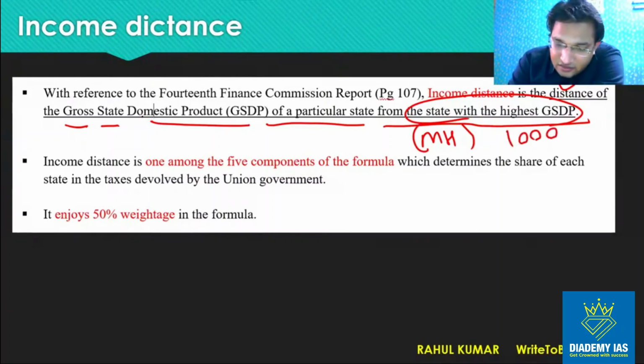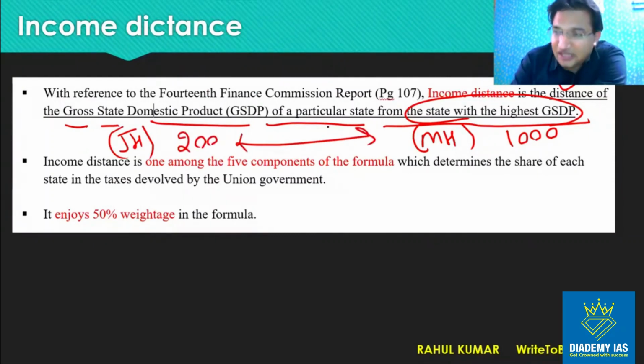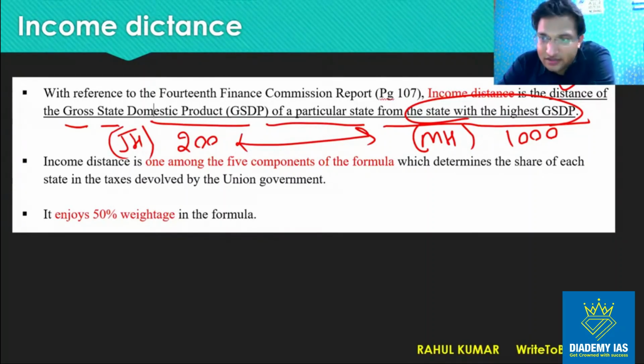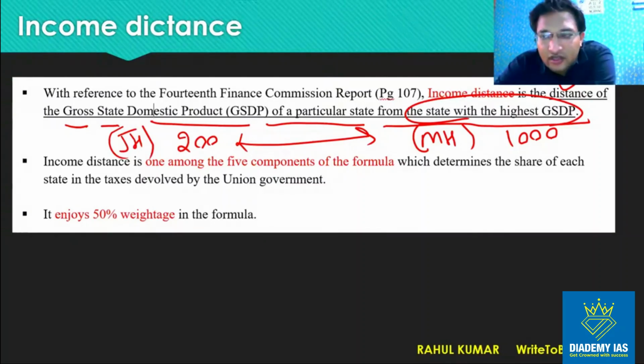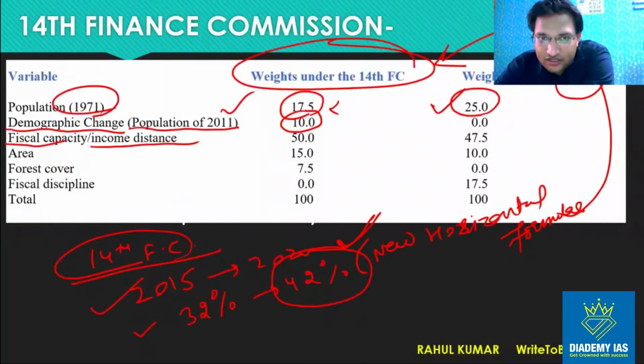Now there is a state called Jharkhand. The GSDP of Jharkhand is 200. So this is indicating the fiscal distance. This is indicating that Jharkhand is actually behind the state of Maharashtra with a huge resource base, right? Or there is a difference in the size. So accordingly different share should be given to the states of different size, right? So this is called fiscal capacity or income distance.